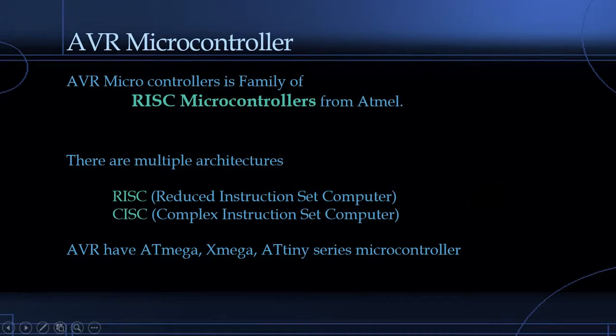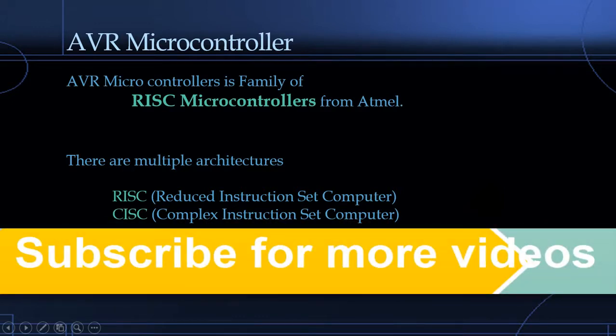ATmega32 has 32 registers, and each register is 8 bits long. The RISC architecture is also a load-store type of architecture. Most of the instructions take only a single clock cycle.